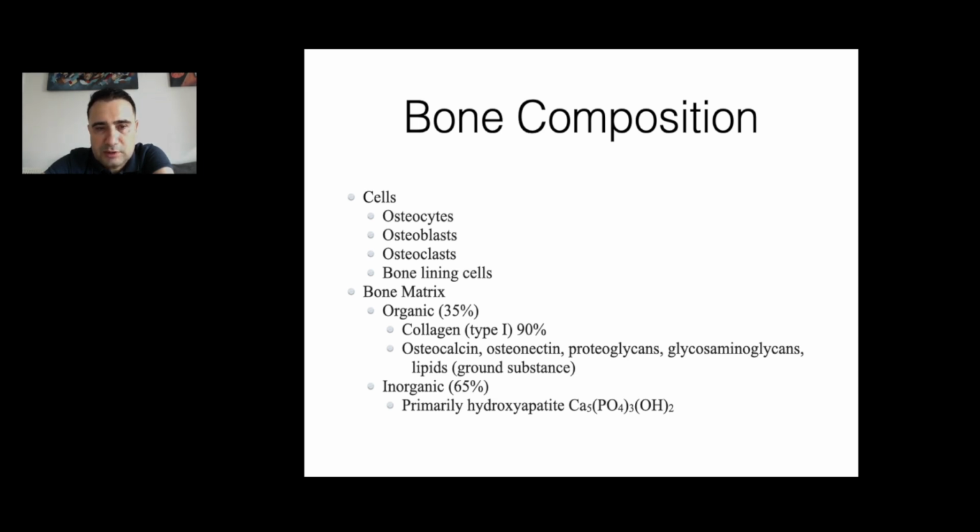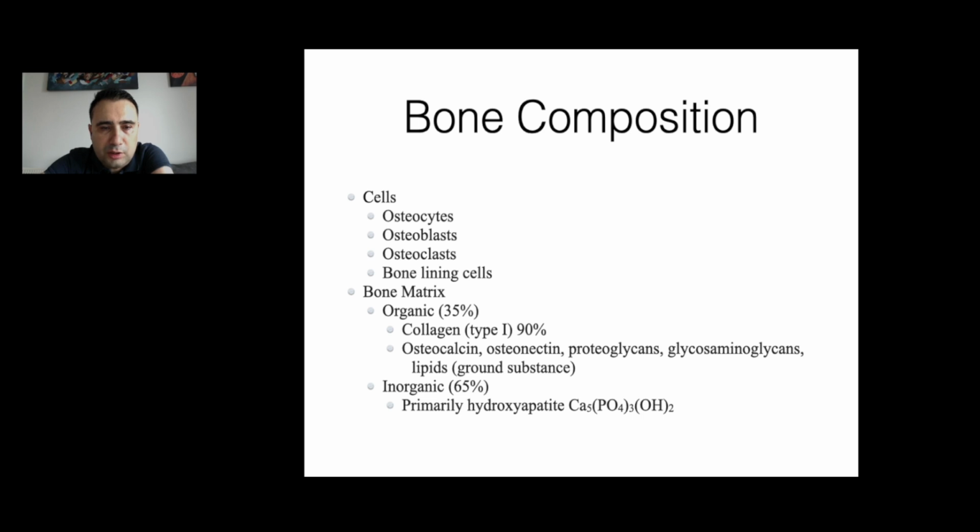The organic part makes up 35%, and the inorganic part makes up 65% of bone matrix. The organic part is mainly composed of collagen, which is type 1 collagen, and it makes up 90% of the organic part of bone matrix. Other organic materials present in bone matrix are osteocalcin, osteonectin, proteoglycans, glycosaminoglycans, and some lipids, which are the ground substances.